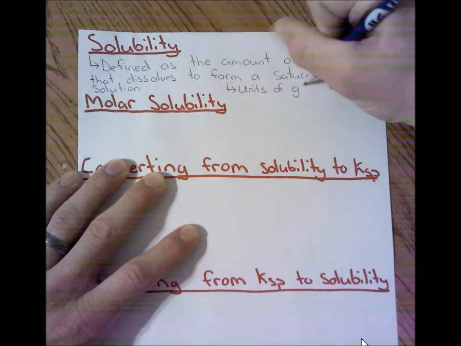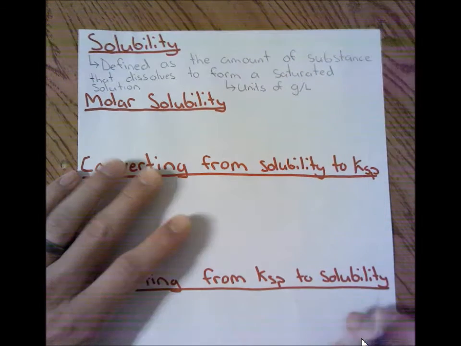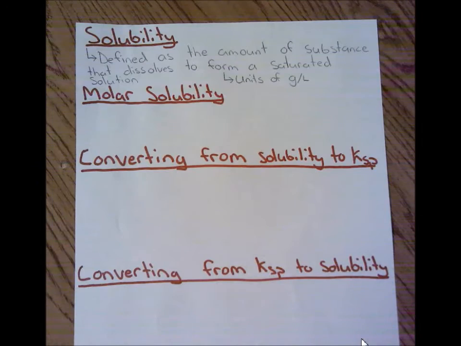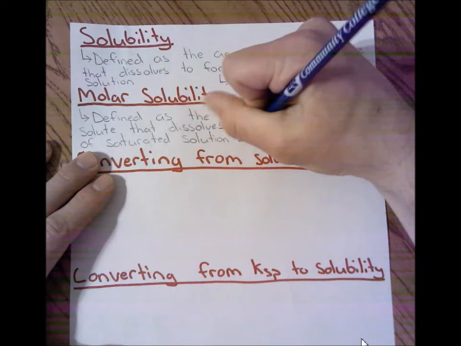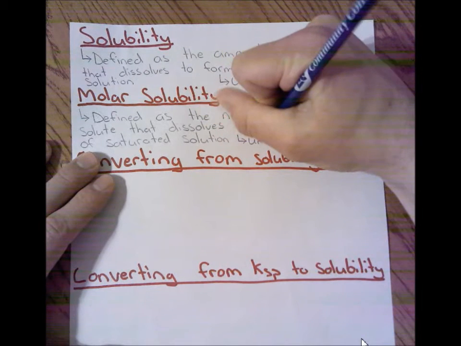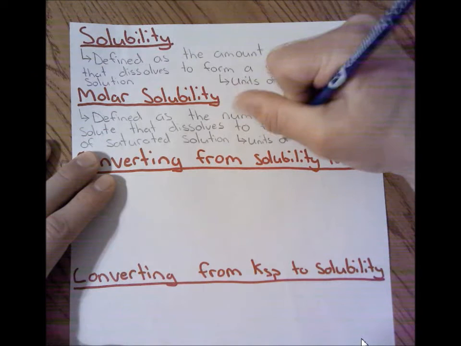Molar solubility, very similar, is defined as the number of moles of solute that dissolves to form a liter of saturated solution. And molar solubility is normally in the units of moles per liter.